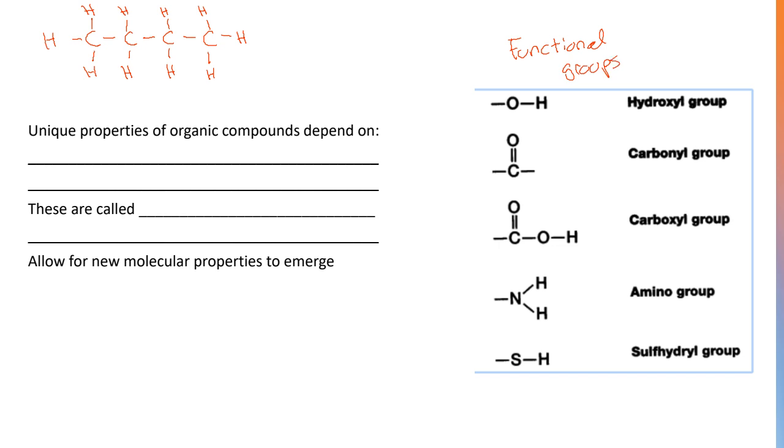There are going to be unique properties of organic compounds that depend, like I said, on the size and the shape of the carbon skeleton, just like I showed you here. This is a linear molecule, right? Carbon skeleton.